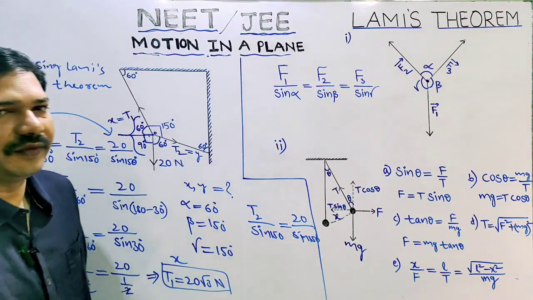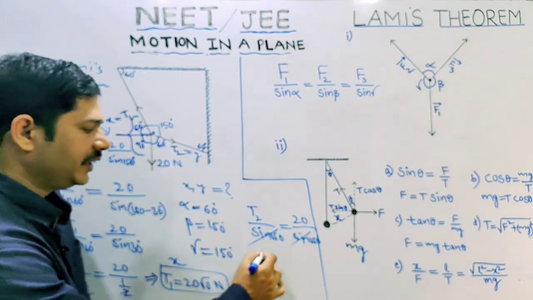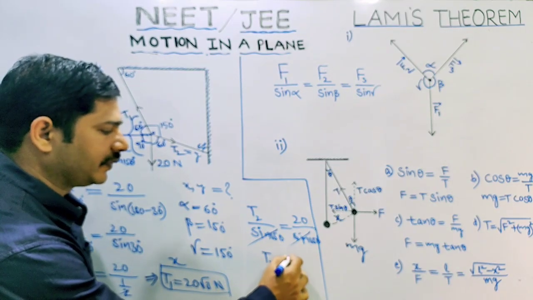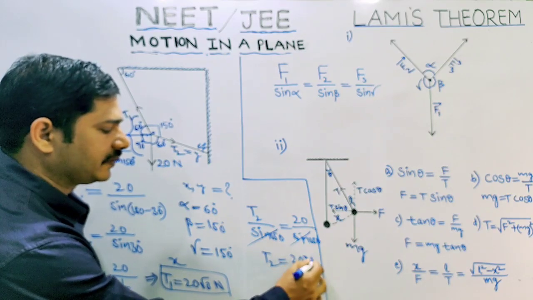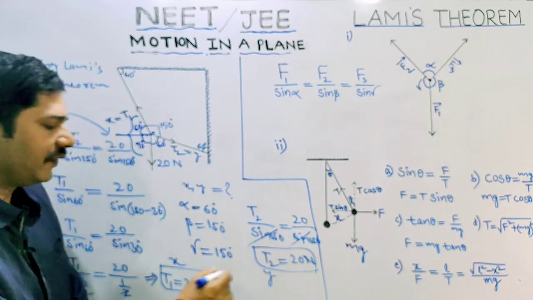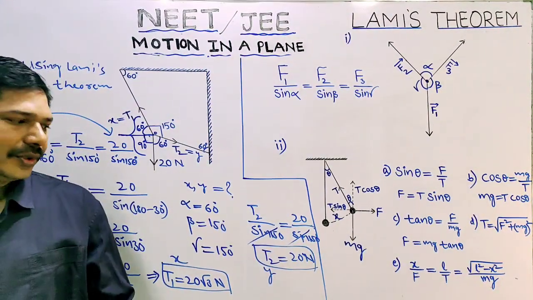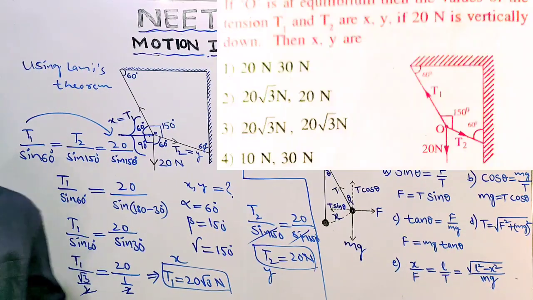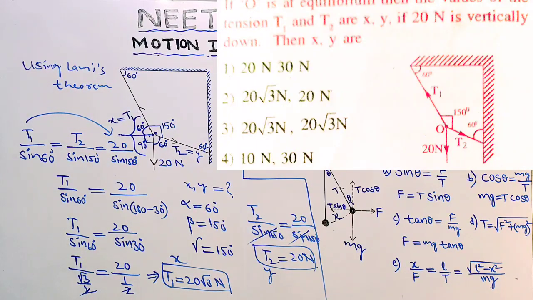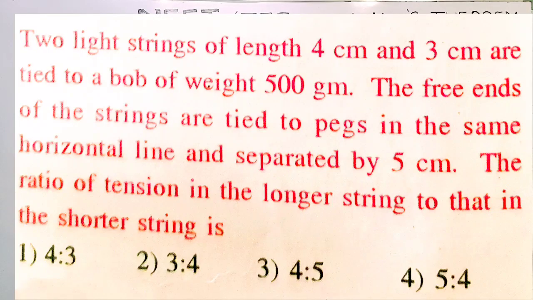Sine 150 gets cancelled, so T2 equals 20 newtons. This T2 is what they call Y. So X and Y are 20 root 3 newtons and 20 newtons. Which option is correct? On the screen you can observe the second option is correct. Next one you can check on screen.